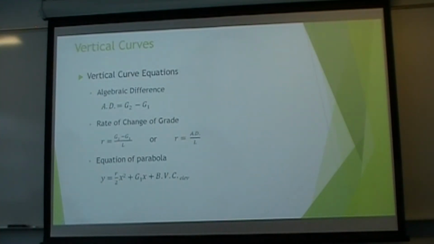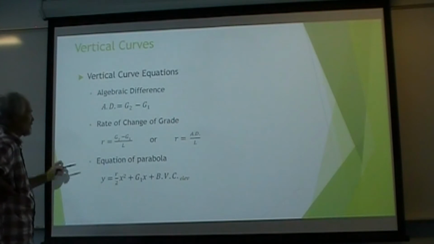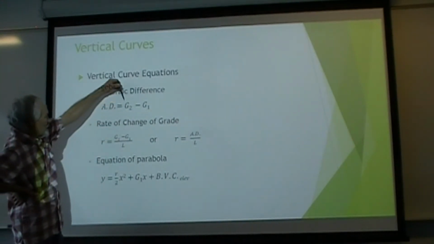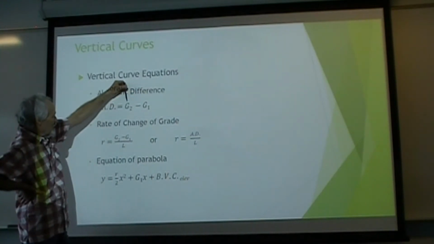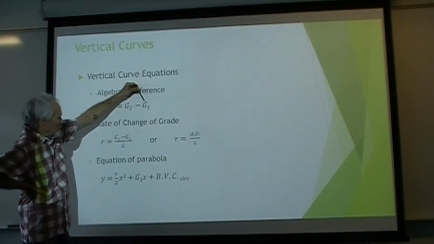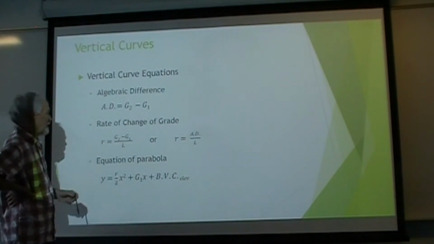So here are your key equations. Algebraic difference is grade 2 minus grade 1. That's important because you have to consider the sign of both. If you have a negative minus a negative, it becomes a plus grade, so you've got to watch that.